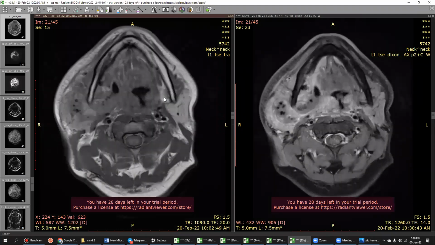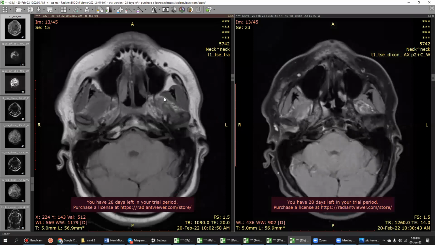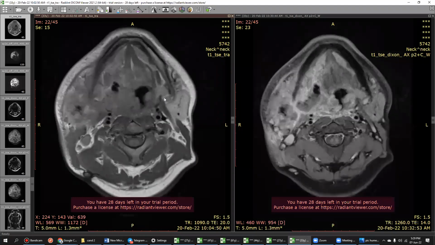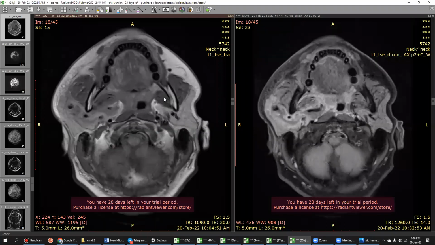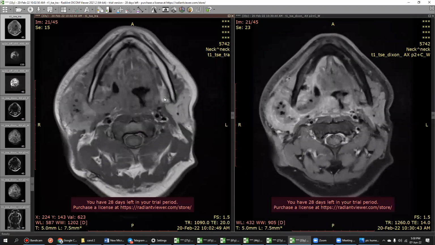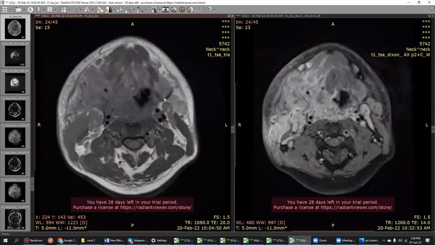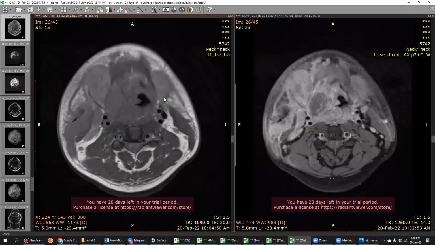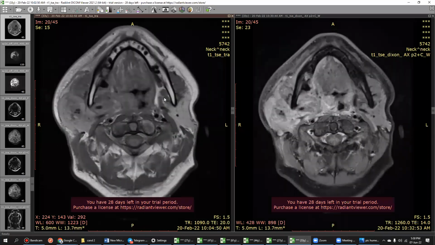Is there any necrotic areas within it? Because my first impression was that it is an aggressive lesion, so either neoplasm or infection. I'm looking at the bones. Is it a bony based lesion? No, the bones look intact because the bone marrow also looks normal signal intensity. So there are multiple multilocular lesions of heterogeneous enhancement.